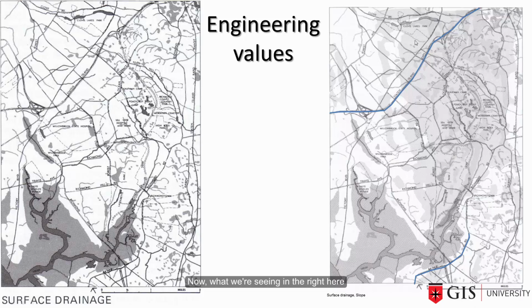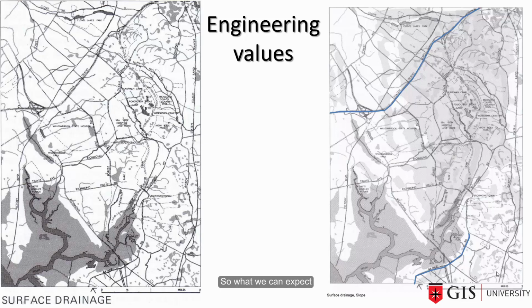Now, what we're seeing right here is this surface drainage map overlaid on top of the slope map. So we can see here surface drainage on top of slope. Now, from now on, I'm going to go a little bit quicker, and we're going to see all these maps for engineering values in succession overlaid on top of each other to create a composite map of all engineering values.